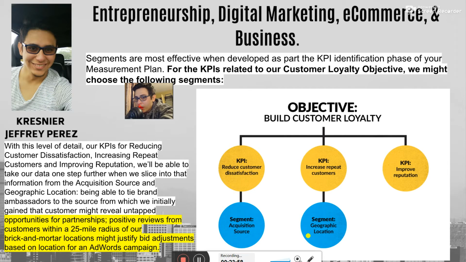It might reveal untapped opportunities for partnership. Positive reviews from customers within a 20-mile radius of our brick and mortar locations might justify bid adjustments based on location from an AdWords campaign. So it's saying that sometimes we could get little tidbits of information like that we would have never known.